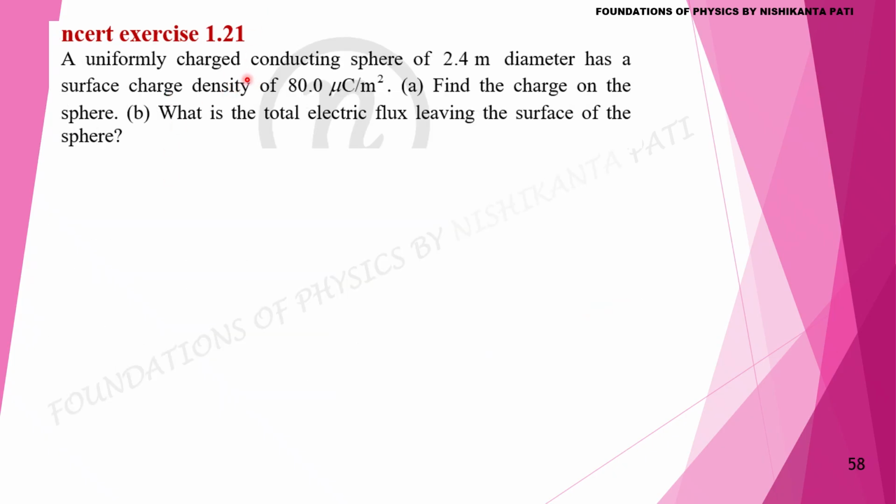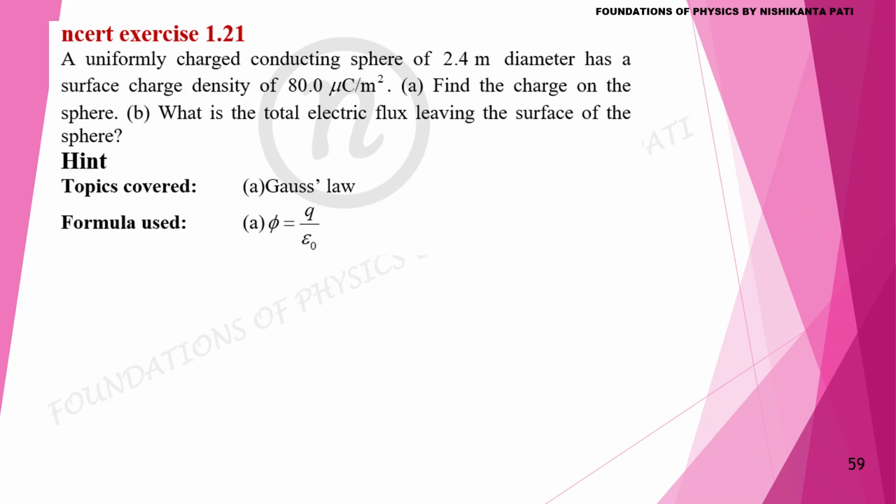A uniformly charged conducting sphere of 2.4 meter diameter has a surface charge density. Find the charge on the sphere. What is the total electric flux leaving the surface of the sphere? The flux is enclosed charge by epsilon 0.